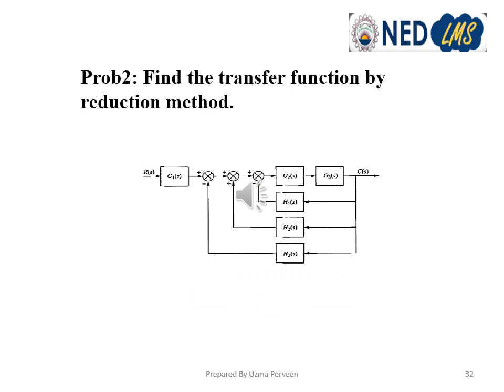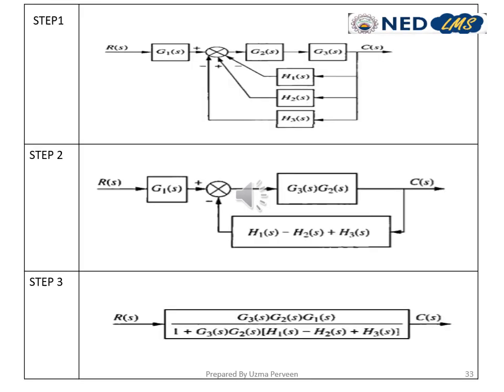Now this is the second problem. Again we have to apply the reduction technique to find the transfer function. This time we have multiple feedback loops. We'll simplify this diagram. In this diagram we have first simplified the summing points. So we have converted these three loops into a single loop with the transfer function adding and subtracting respectively H1 minus H2 plus H3.